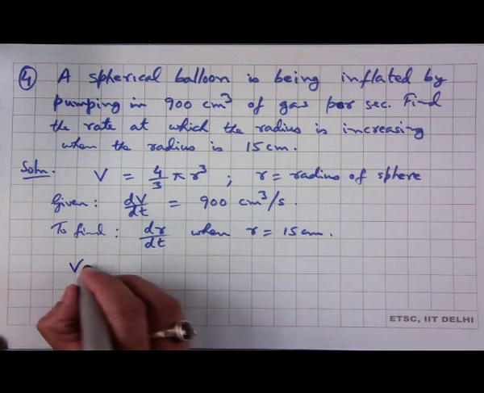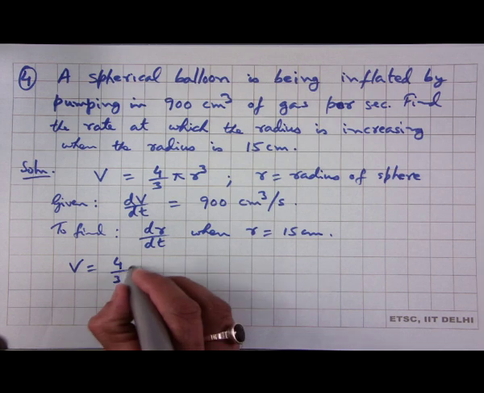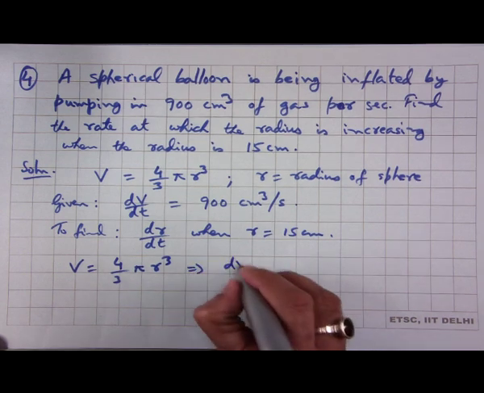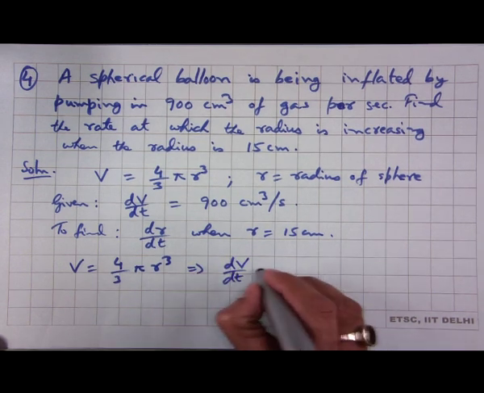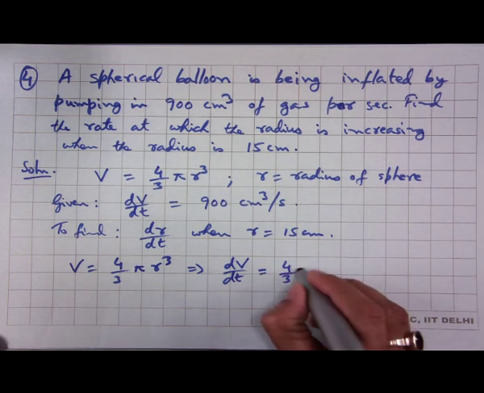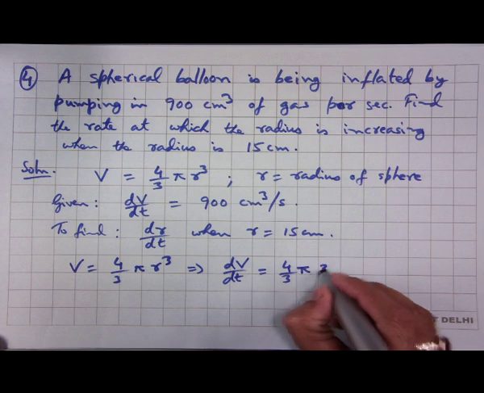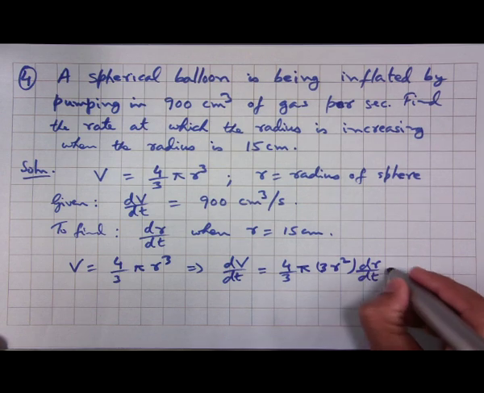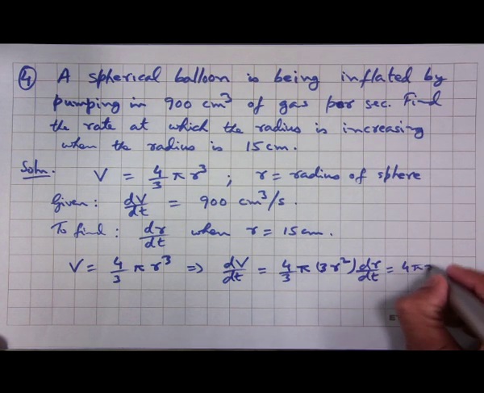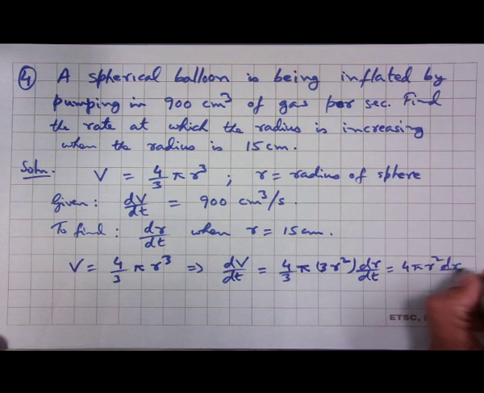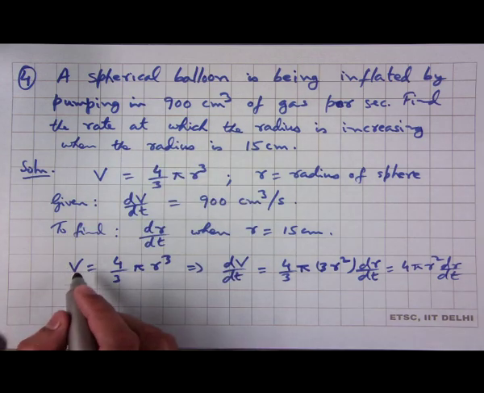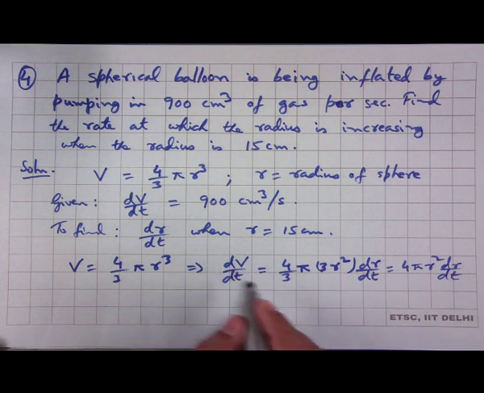So, since V is equal to 4/3 pi r cubed, dV/dt is equal to 4/3 pi times 3r squared times dr/dt. So, this is equal to 4 pi r squared dr/dt. We are given that dV/dt is 900 cubic centimeters per second.